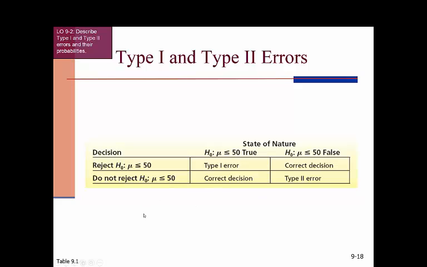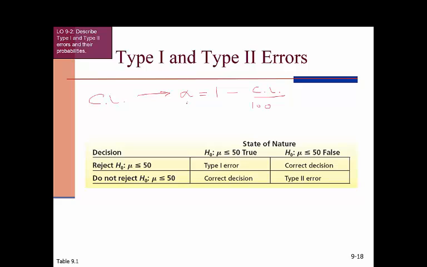Now, what does alpha really mean? Or what does the confidence level really imply? Well, the confidence level leads to you getting alpha, right? And alpha is 1 minus the confidence level divided by 100.